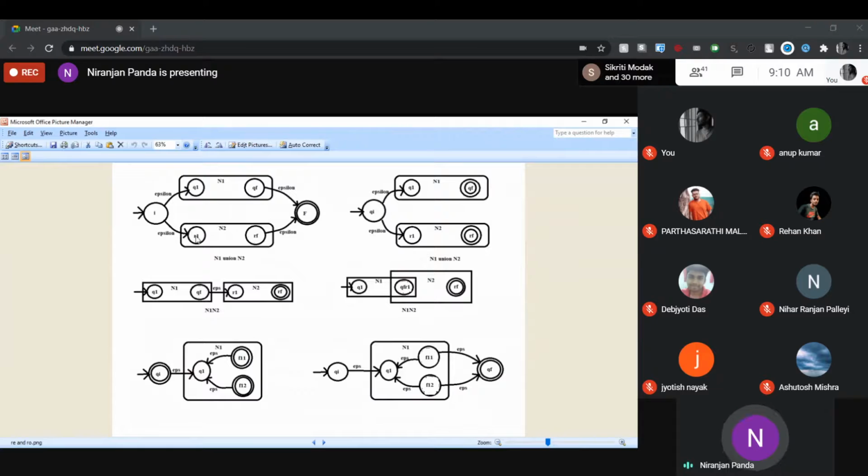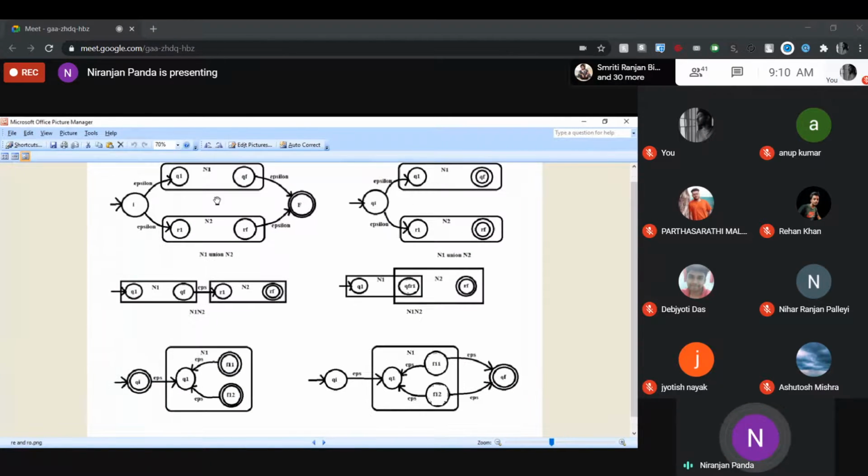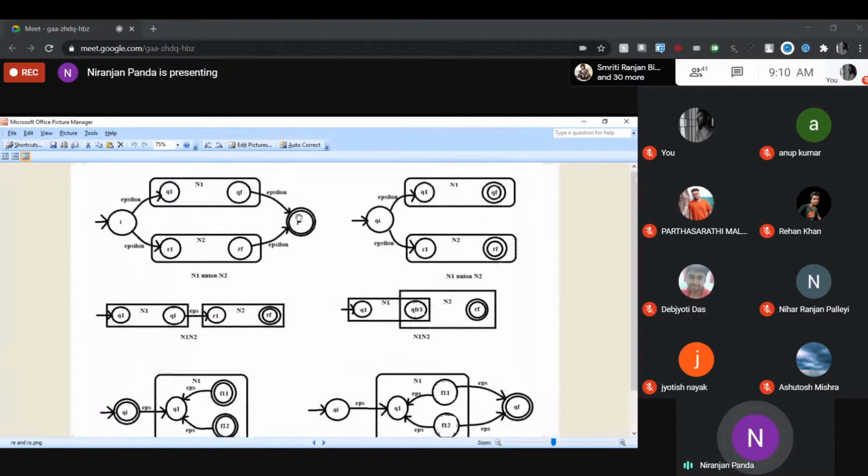To avoid the problem of multiple final states, I have used this design, the left hand side design of the first one. Here I am making the number of final states 1. That means from all the final states I am joining with epsilon transition to a newly created final state.